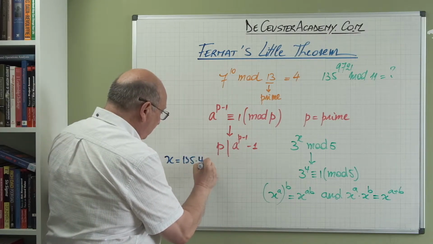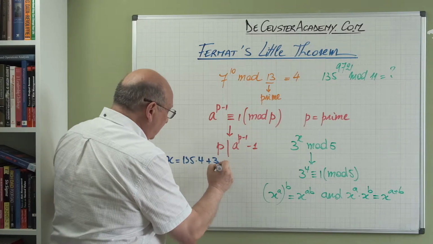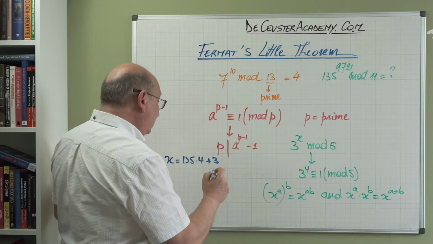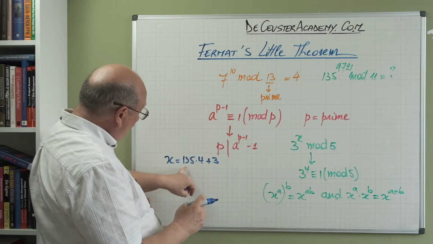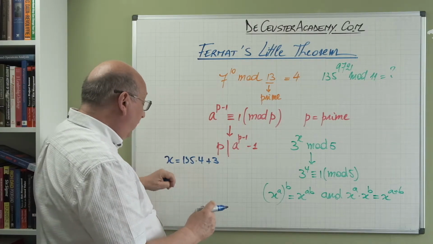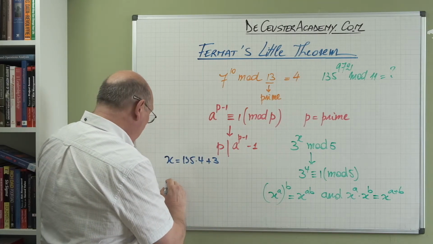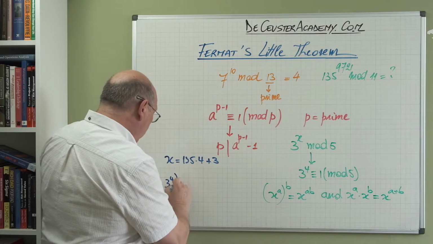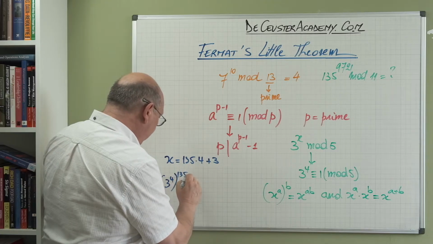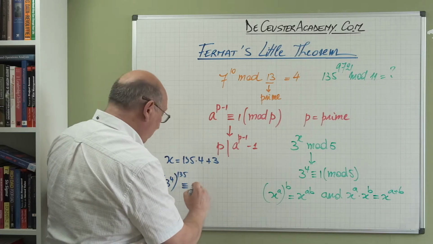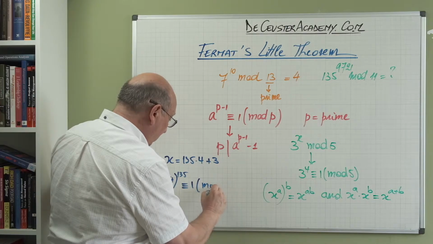135 times 4 plus 3, and we find the powers of 4. So what we find here is 3 to the power 4 to the power 135 is congruent with 1 modulus 5.